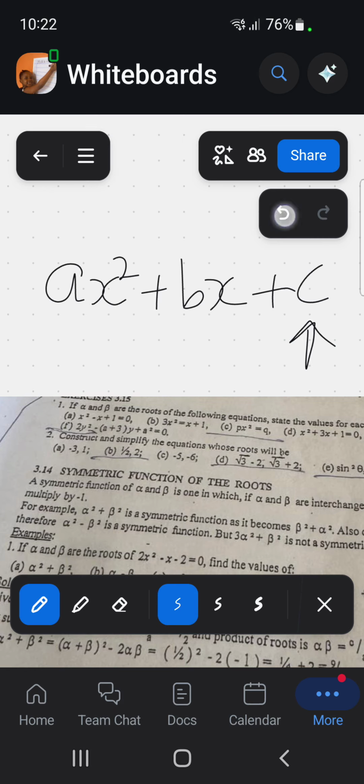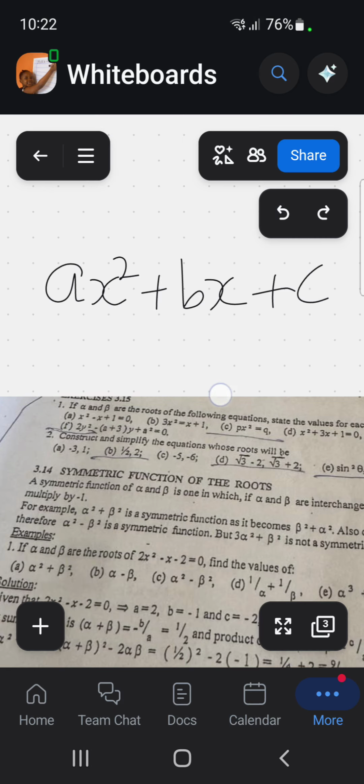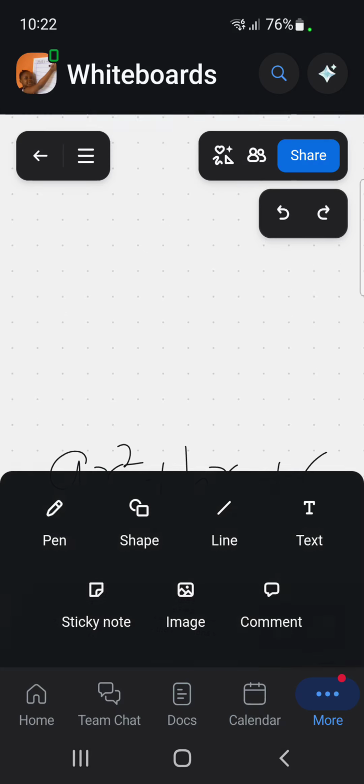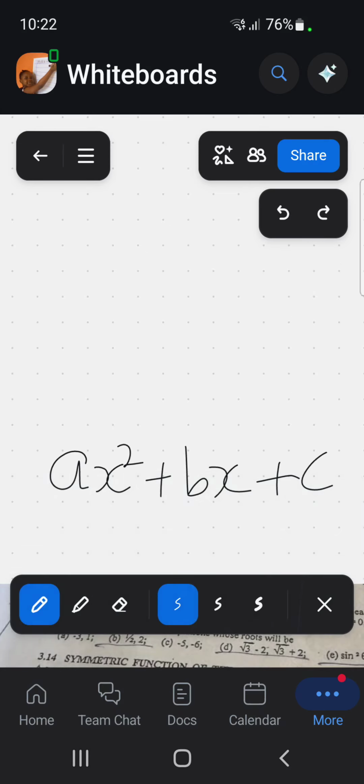Now, before we go on, let's still analyze how we work with alpha and beta. I remember I told you alpha and beta just represent symbols. Now, whenever they are added, alpha plus beta, it gives you minus b over a.